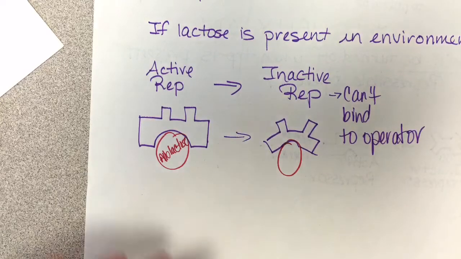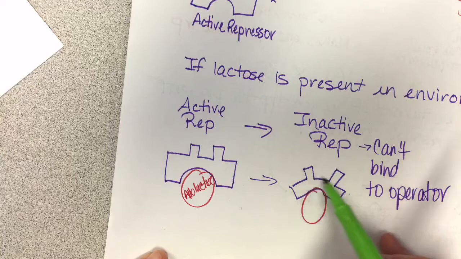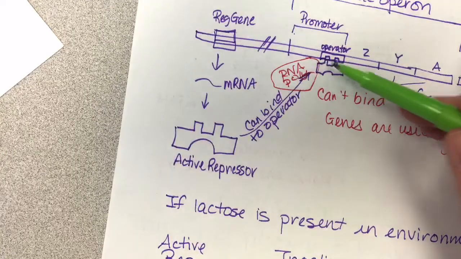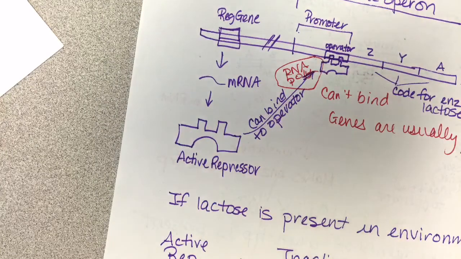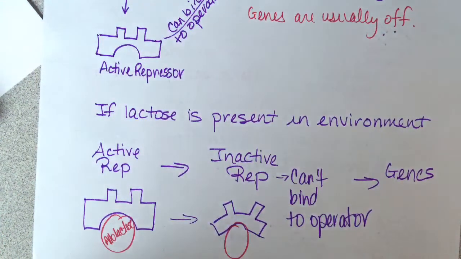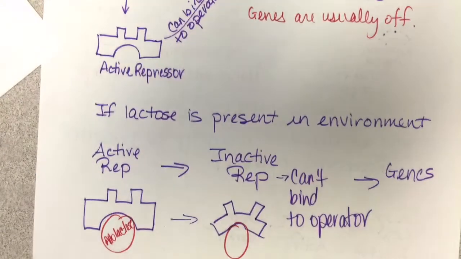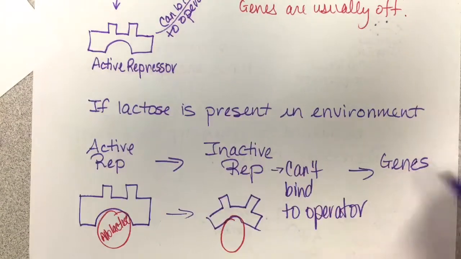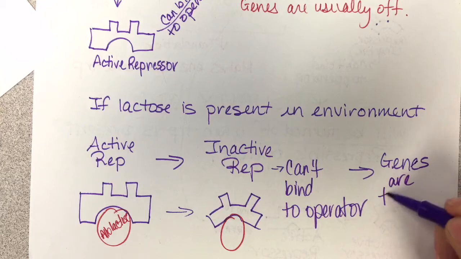So looking at here, this shape right here will not allow it to fit into the operator up here, and then therefore the genes, oops, my lights just went off. Okay, the genes are turned on or off?